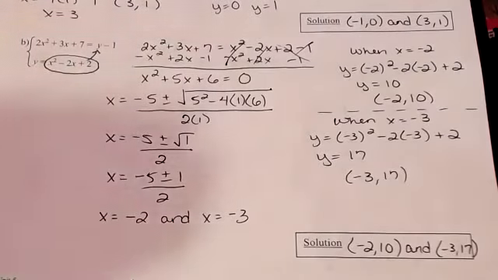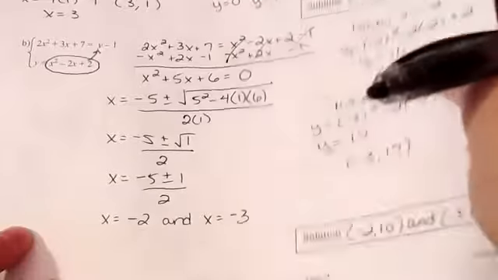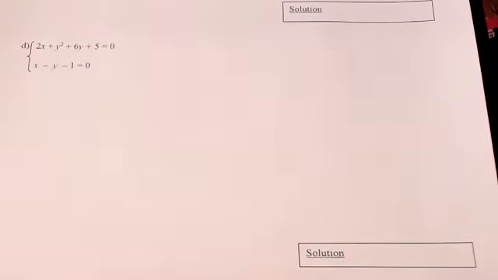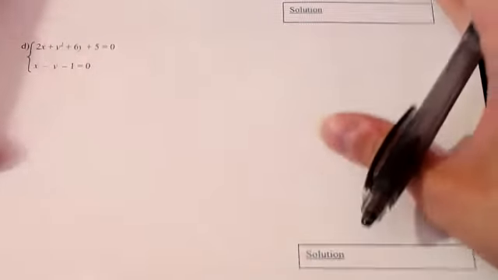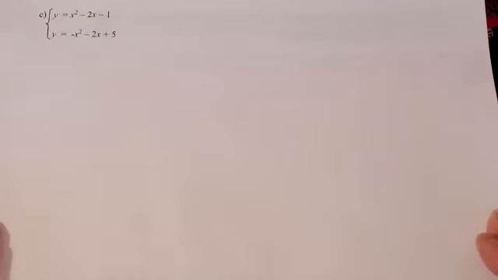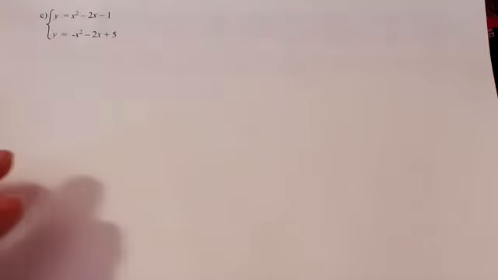We're going to follow this same exact strategy for just a few extra problems. So we have parts C and D. Let's take a look at C. Y is equal to x squared minus 2x minus 1. And we're also told that y is equal to negative x squared minus 2x plus 5. The really great thing about this is that they're both equal to y.